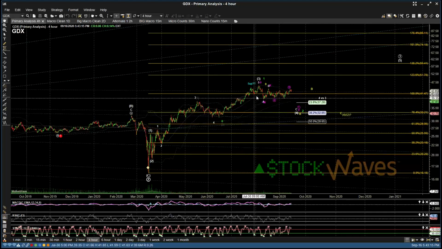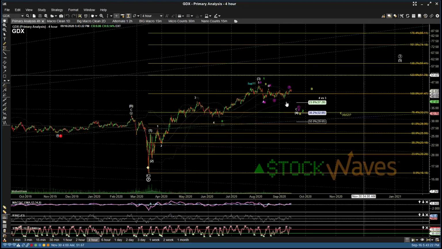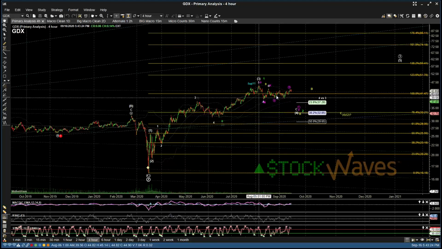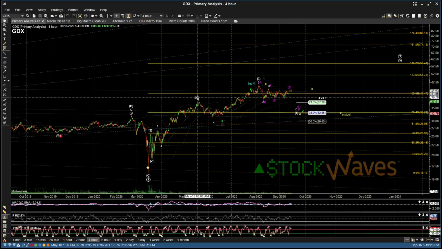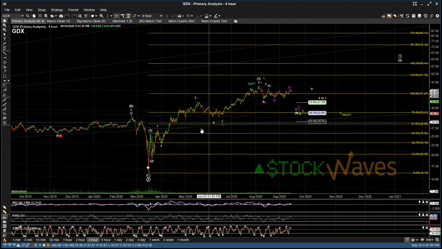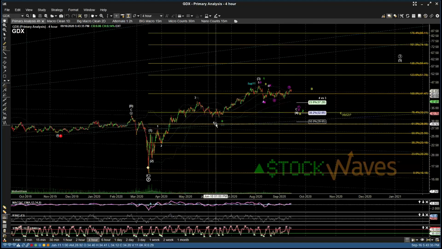GDX got too far in terms of the fib extensions off of the March low for a primary wave 3 to reliably still consider this just a wave 1 and a wave 2. Other things can also count as a wave 1 and a wave 2 here, but again, GDX looks like it's too far ahead for that kind of count to be reliable.